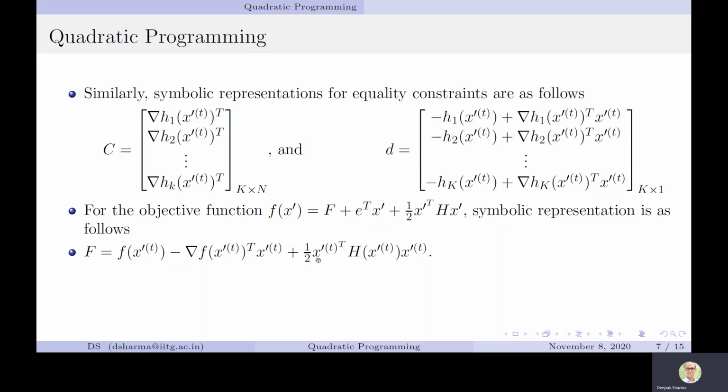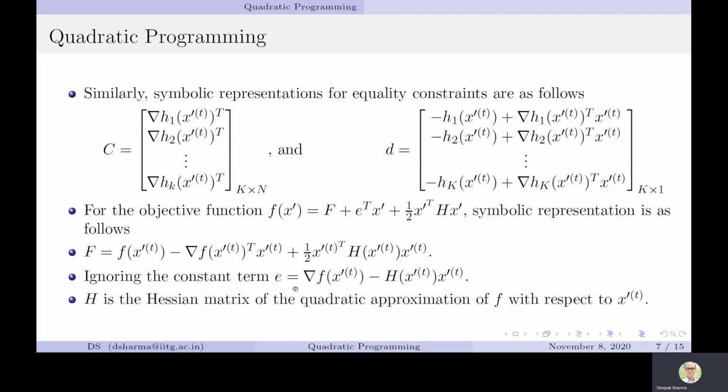And similarly, the third term. What is E? Suppose we are ignoring the constant term. So this E will come as gradient of f of x prime t minus h of x prime t, x prime t. Now what is h? H is our Hessian matrix of the quadratic function, the quadratic approximation of f with respect to the point which is given as x prime t.